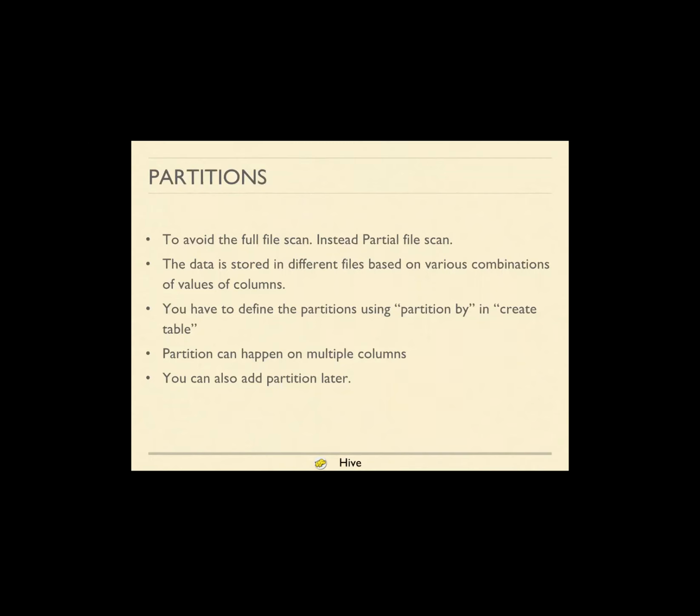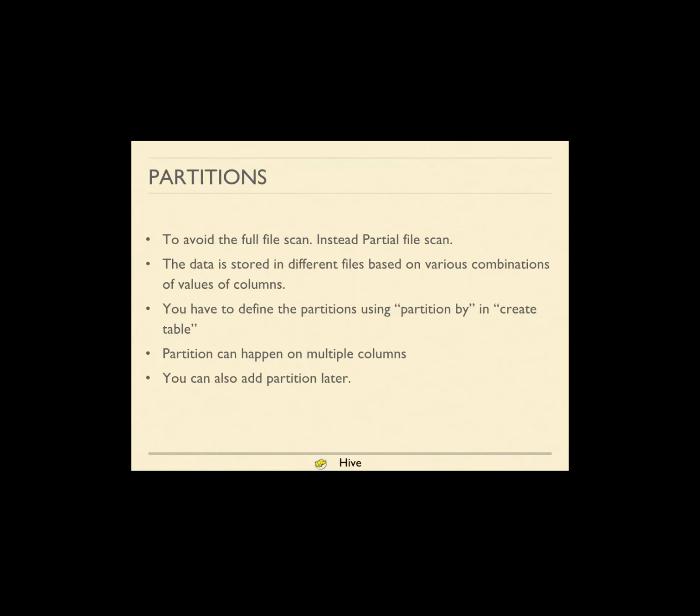A general strategy would be to break it down into small files so that when we are querying, when we are saying select star from my data where A equals to B, instead of going through the entire file set, it will only go through those files which contain that particular value. Okay, that means we can decrease the total disk lookup using the partitions.